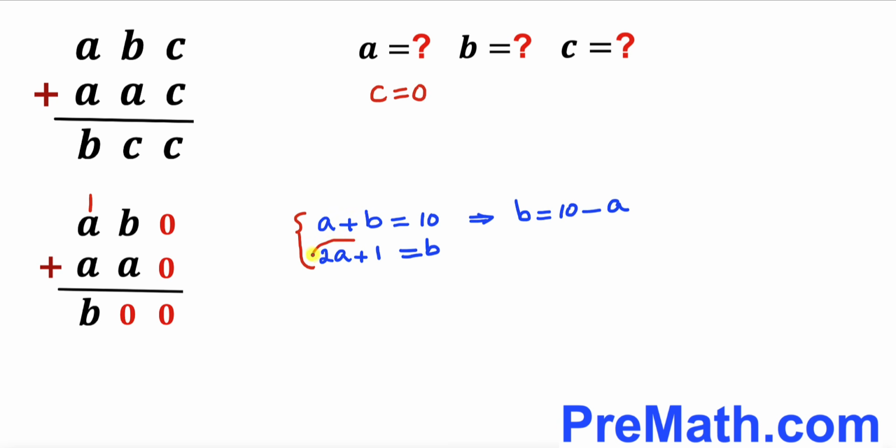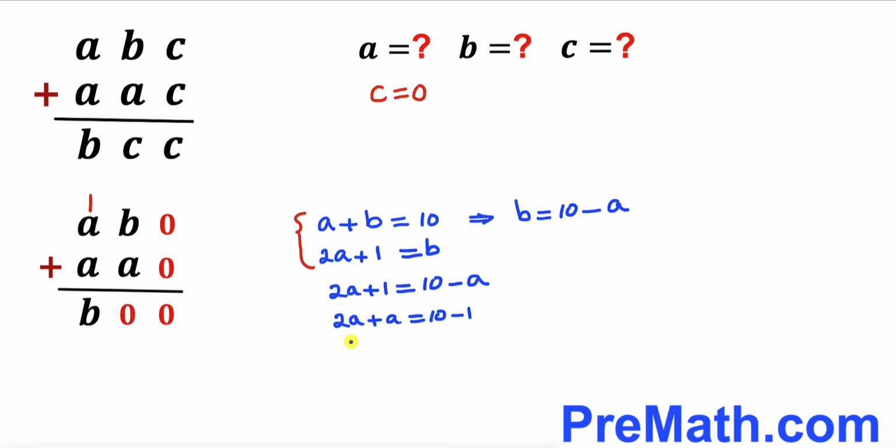Now let's focus on the second equation, 2A plus 1 equals B. Our B value is 10 minus A, so I replace B with 10 minus A. This equation becomes 2A plus 1 equals 10 minus A. I move 1 to the other side, and at the same time move A in the opposite direction, so we end up with 2A plus A equals 10 minus 1.